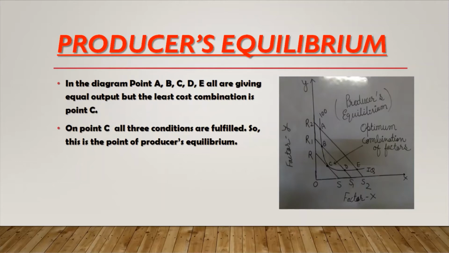He can produce that amount of production on the RS factor line at point C, where isoproduct curve and isoproduct line are tangent. So point C is the least cost combination point for the producer, and all three conditions of producer's equilibrium are fulfilled at point C. So this is the point of producer's equilibrium or optimum combination of factors.